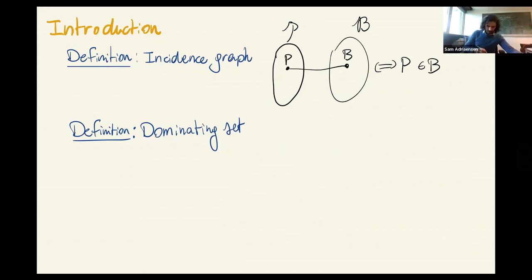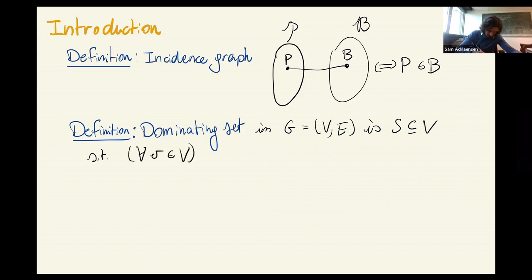One thing you can study are dominating sets. So what's a dominating set in a graph G? Well, it's a subset S of the vertices such that any vertex you take in your graph lies at distance at most 1 of this set.